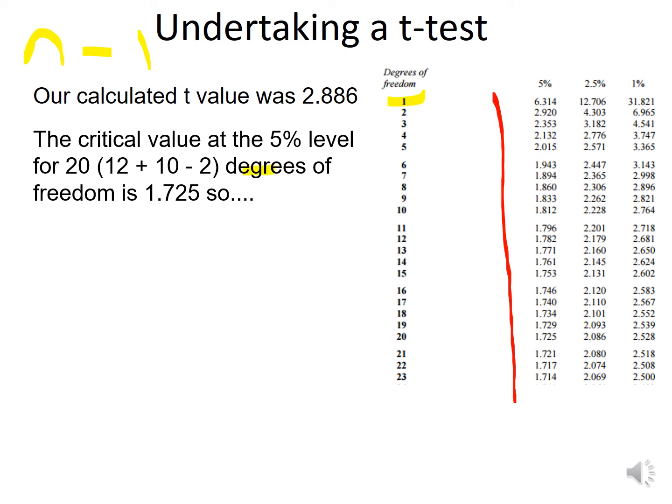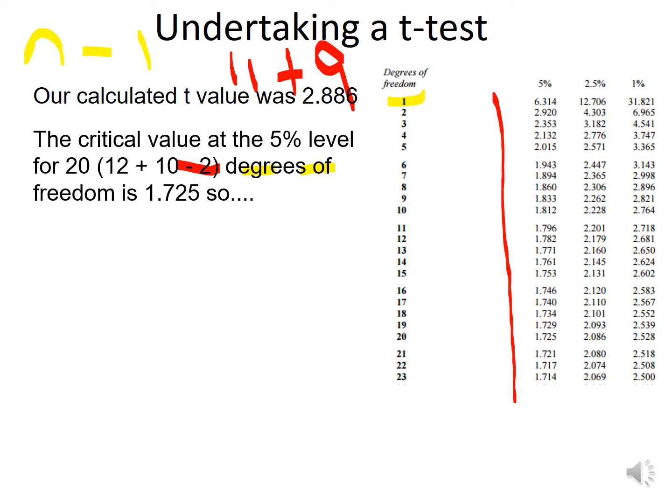We have 12 individuals in the first group, so n minus 1 there makes 11. And then n minus 1 for the second group, where we had 10, gives us 9. So 11 plus 9 gives us a total degrees of freedom of 20.